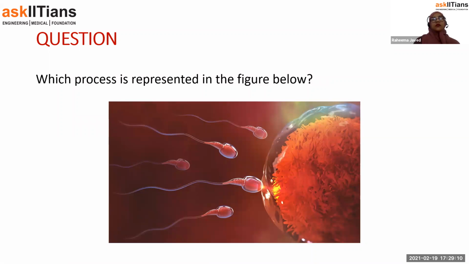In this question you have to look at the figure and tell what this figure represents. It is a very beautiful picture, and if you're thinking about fertilization, then you're probably correct.